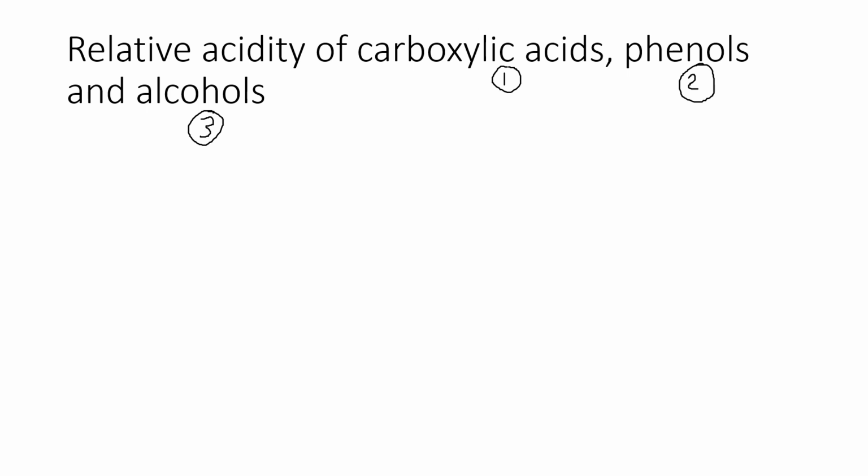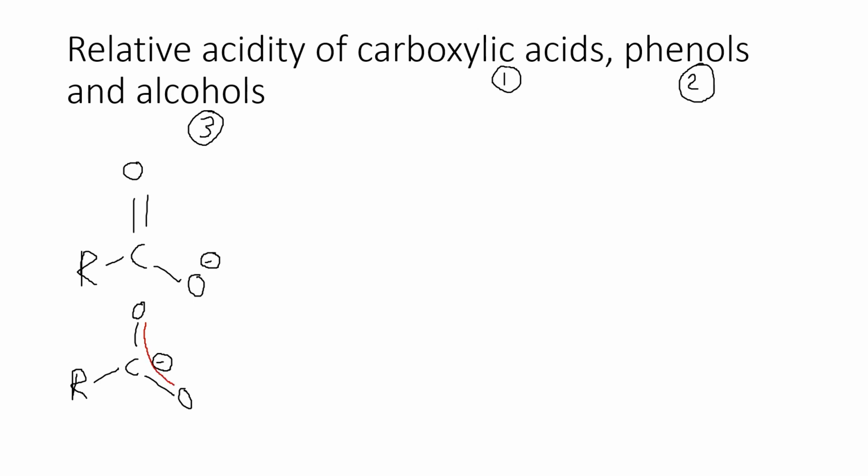With the carboxylic acids, you've got this carboxylic acid group that loses the hydrogen, because it's an acid, to form this CO2 minus. And this minus charge gets spread across both the oxygens. So what you end up with is the carboxylate ion, where the negative charge is spread across both the oxygens. Because this is really stable, it's more willing to lose its H+ ion, making it a slightly stronger acid.